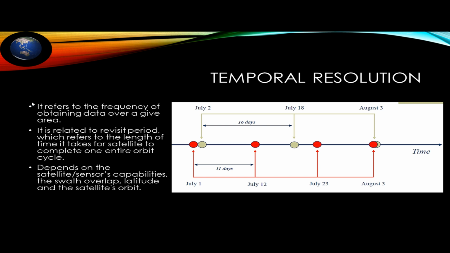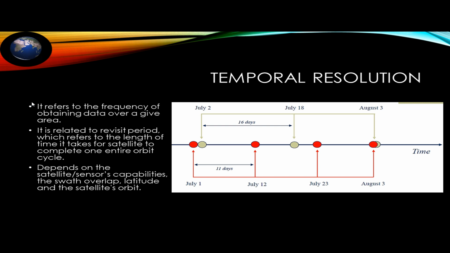You can check that different satellites have different speeds to collect the information of the earth surface, and different cycle periods. For the same place, how long it takes to come back to capture the image of that particular place again.